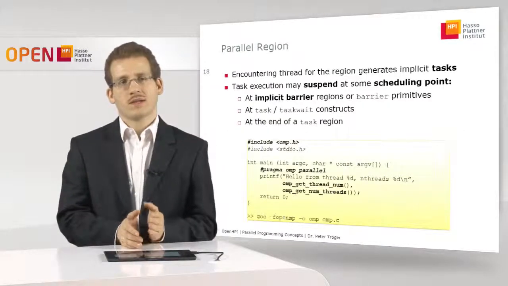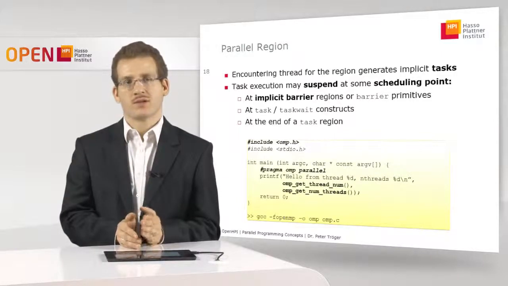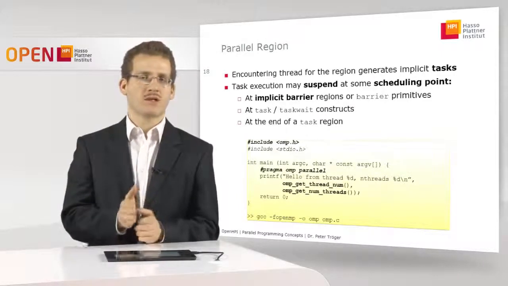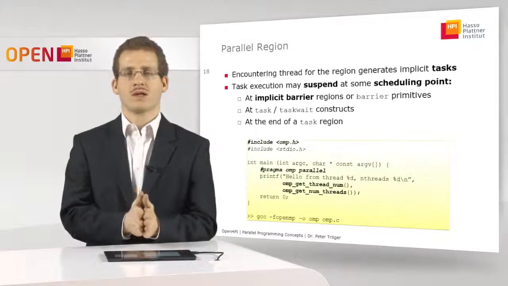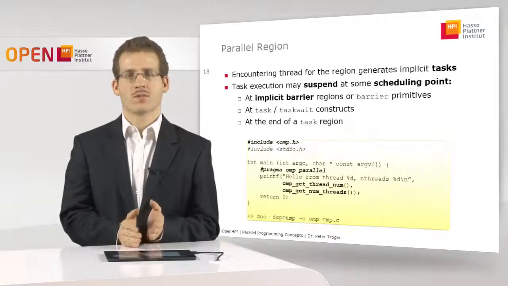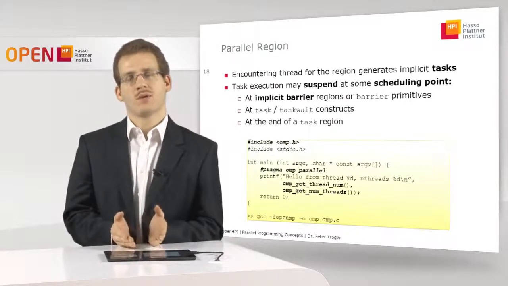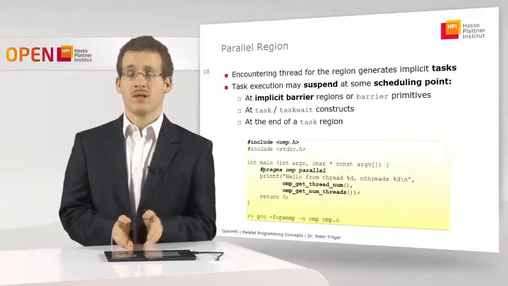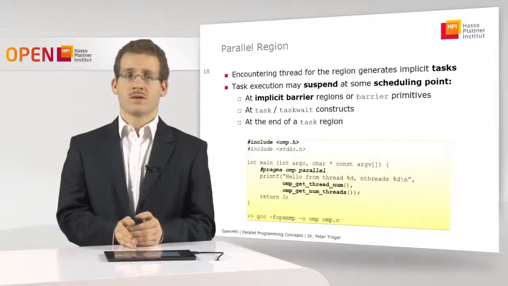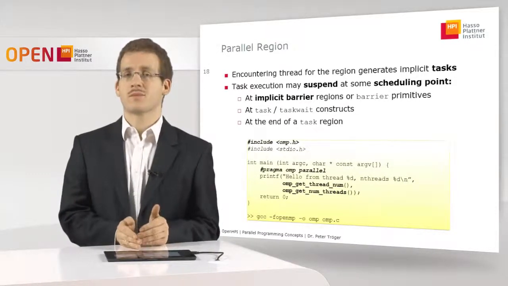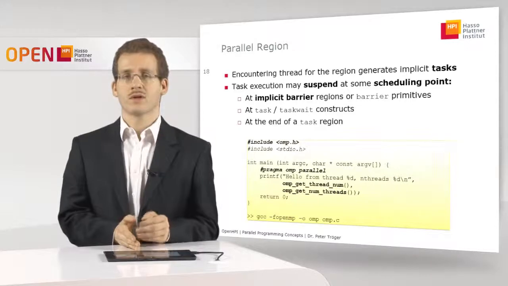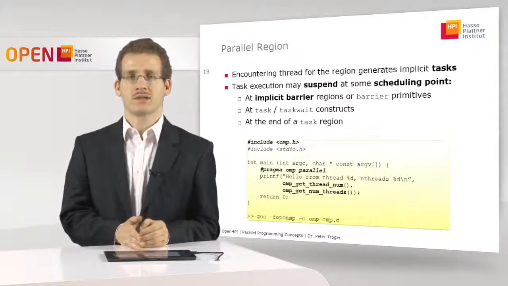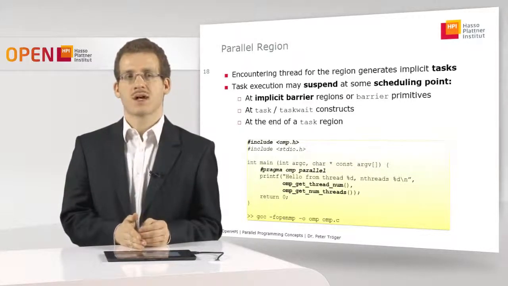Here you see a simple example of how such a parallel region should look. So we have again our main function as is common in C programs. And then we have a compiler directive, pragma omp parallel, and this compiler directive tells the OpenMP-enabled compiler that the following code should be treated as a parallel region. So the following code should be run in multiple instances because it expresses a number of tasks.